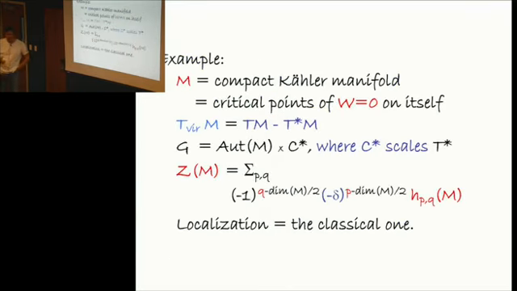Okay. And so the trivial example is if your M is a compact Kähler manifold, which is a critical point of the zero function on itself, then your virtual tangent bundle is the tangent bundle of the manifold minus the cotangent bundle.